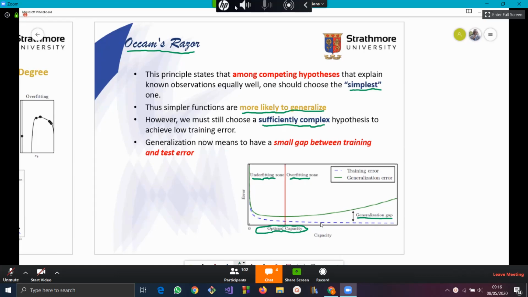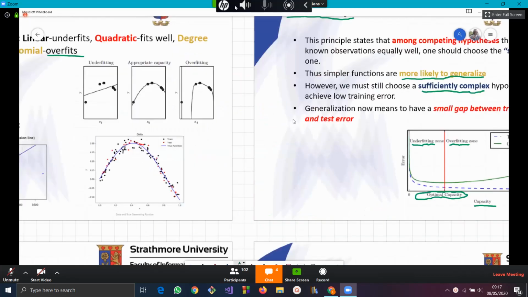So yes, training and training is good, but the more you train, the more you are overfitting. You're increasing capacity, but you are overfitting. And the more you overfit, the more you are moving away from generalizing well. So if you can put all that together, it will help us to do a lot.